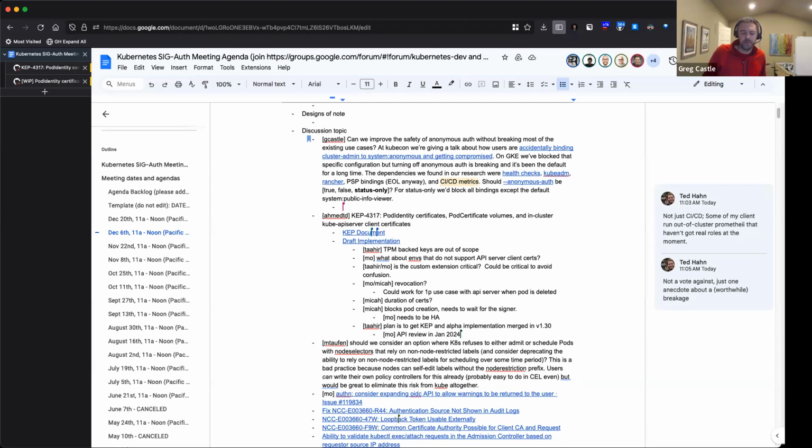Given those use cases, I think the health checks is the major one. The others, and maybe the bootstrapping, are pretty marginal and smaller. I saw a comment from Ted that they have metrics, so maybe that CI/CD thing is quite common. But I thought we should have a discussion about what we should do here. I'll pause there and see if there are questions on that.